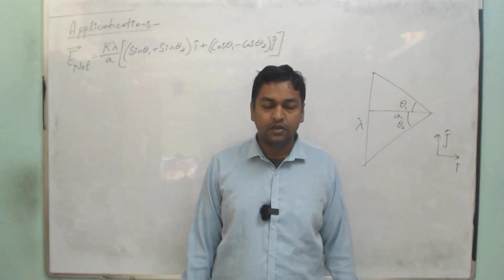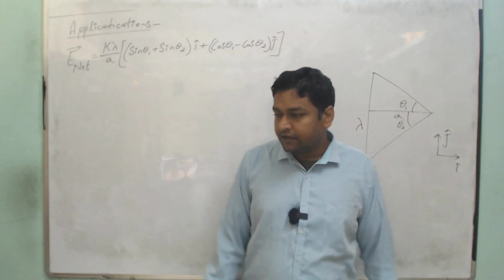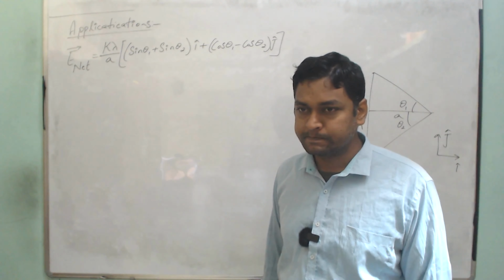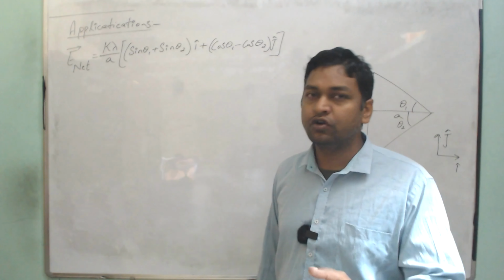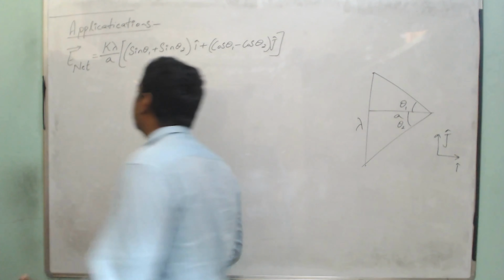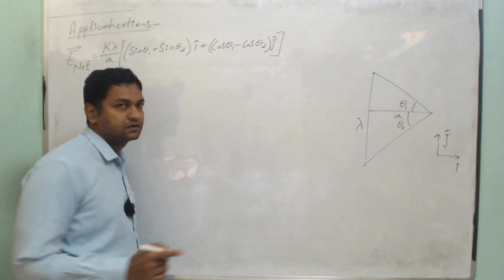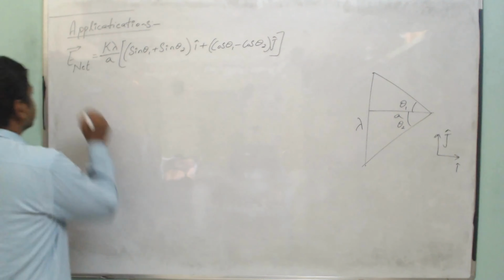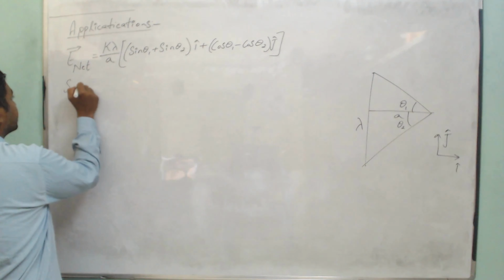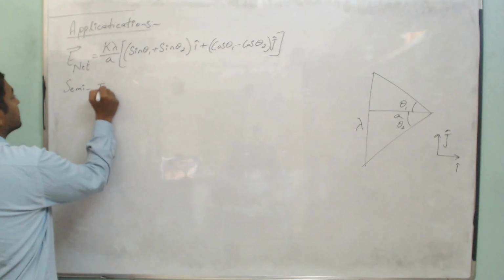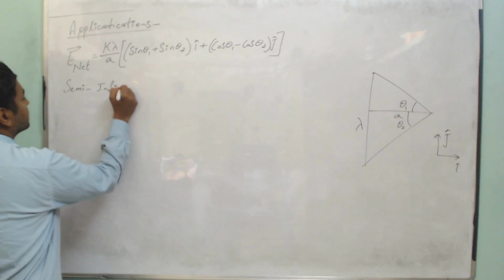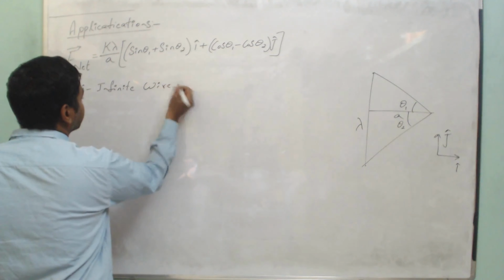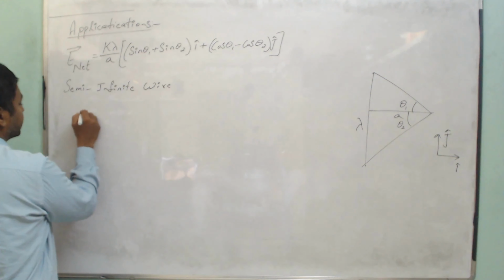So we have already done the semi-infinite wire and the infinite wire. I want you to tell me without seeing, for the semi-infinite wire. There can be a confusion, so I'm drawing the diagram.